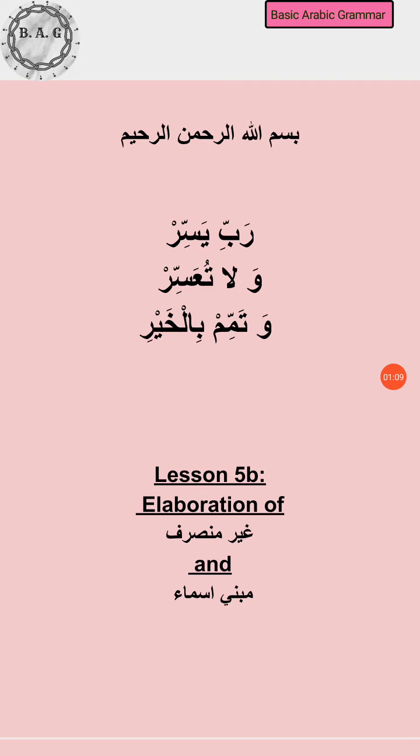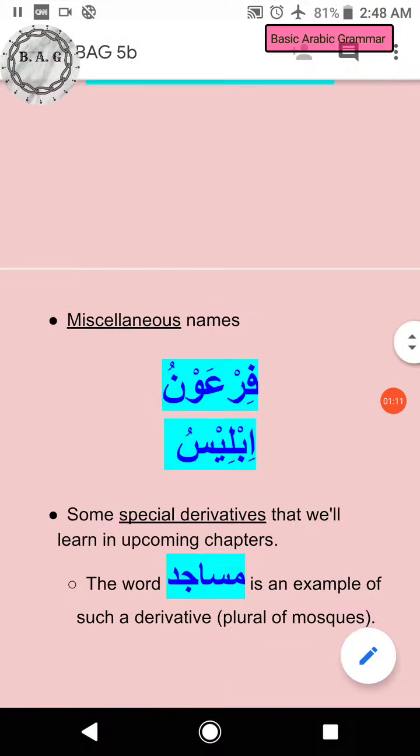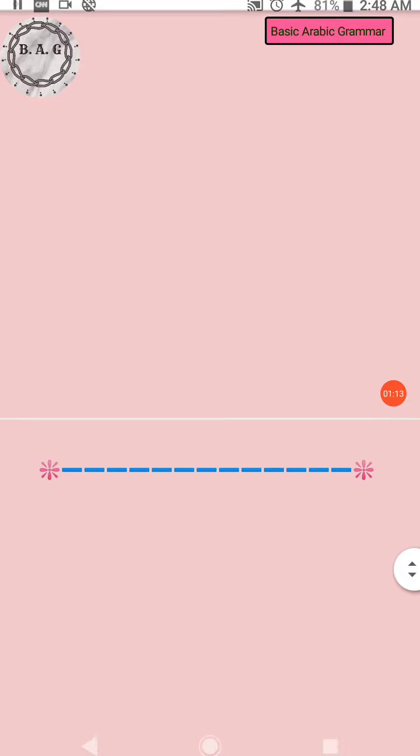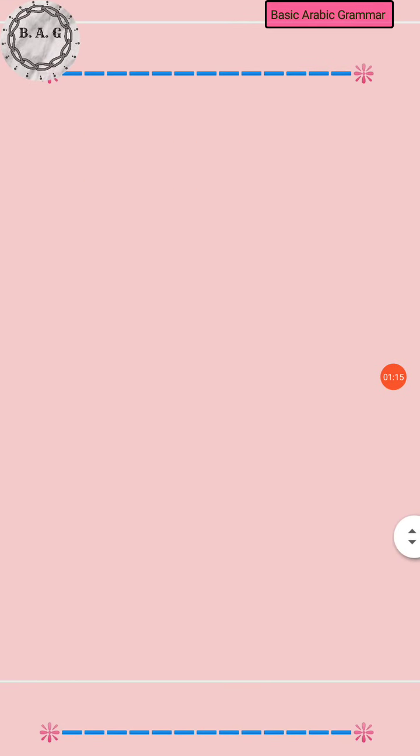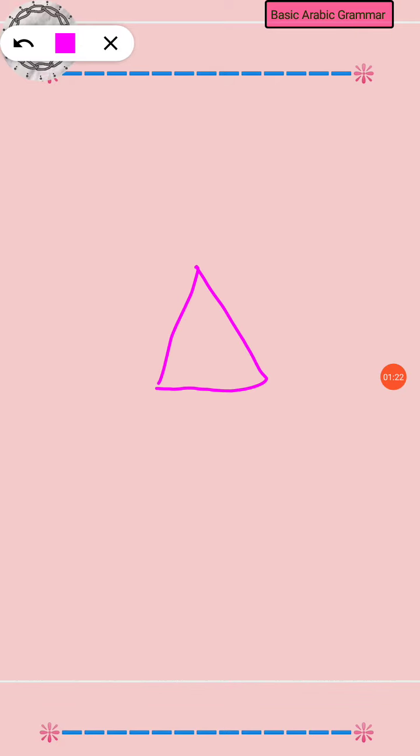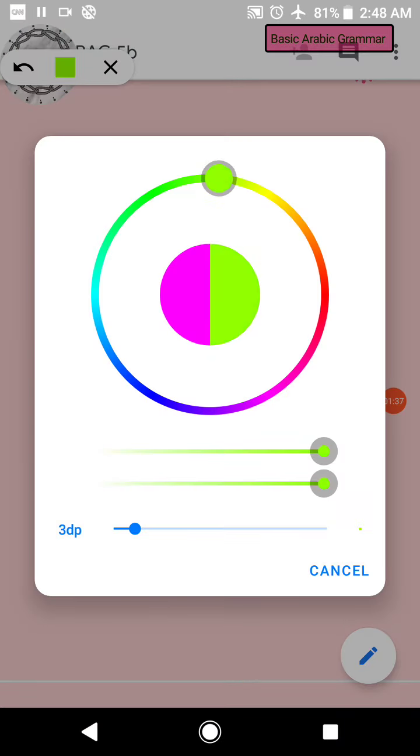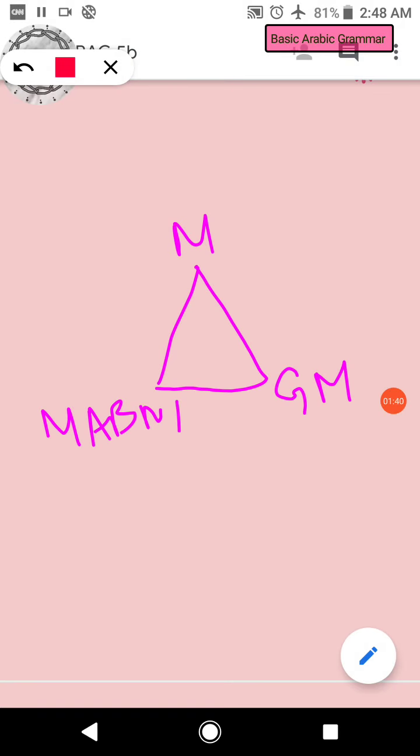From our discussion earlier on, we remember that ism can be divided into three types: the Munsarif one, then the Ghair Munsarif one, and finally Mabni. So what are the two most important things for each of these groups?